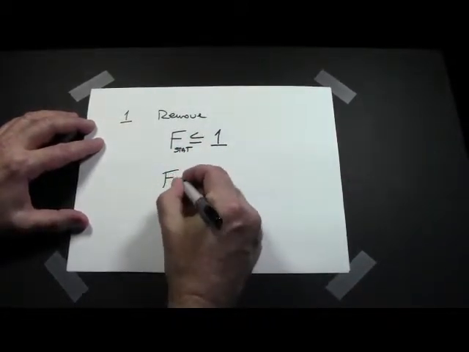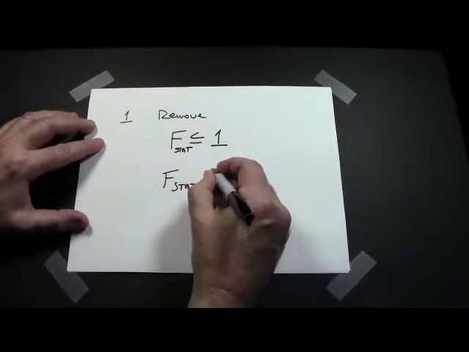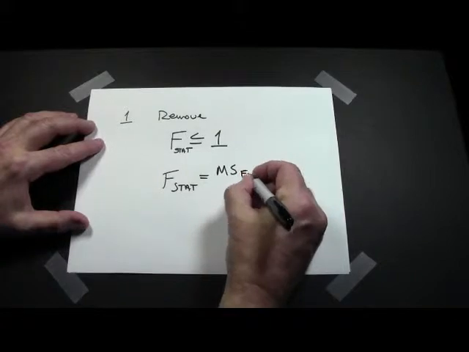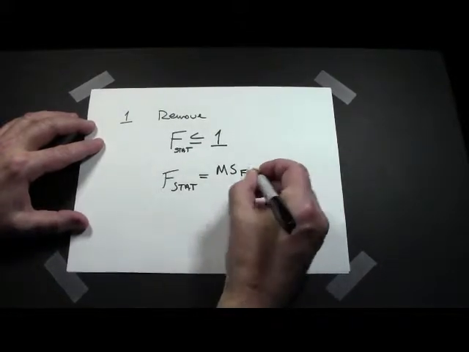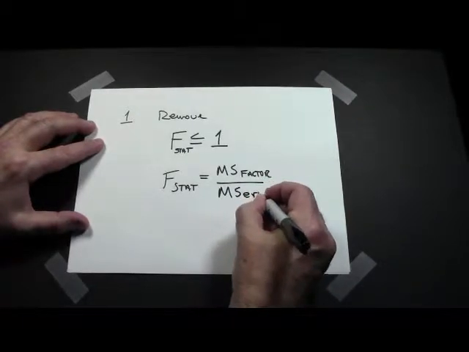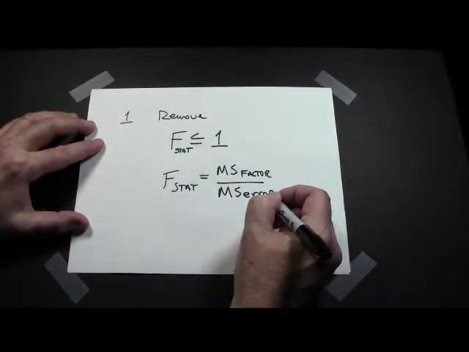Well, the F statistic is equal to the mean square for a factor divided by the mean square for the error term or the unexplained term.